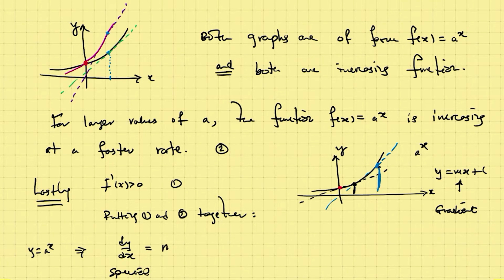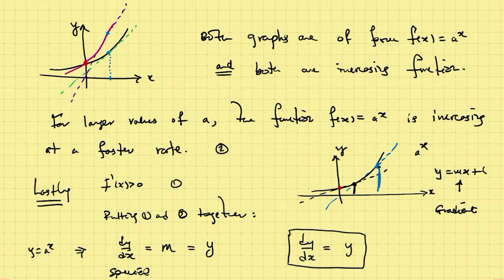It's going to be the gradient of these tangent lines, and we want the gradient of these tangent lines to be the same as the y values. So here we go. We've managed to arrive at a condition which some very special exponential functions satisfy.